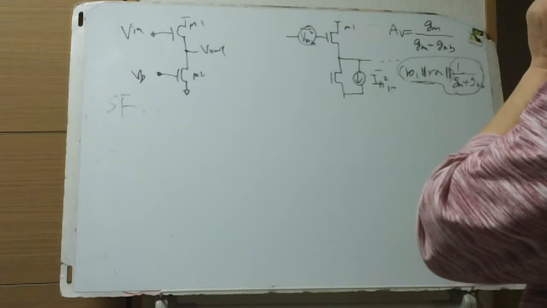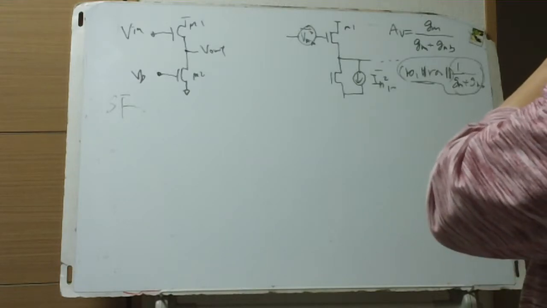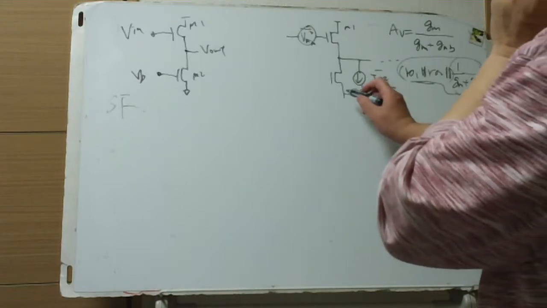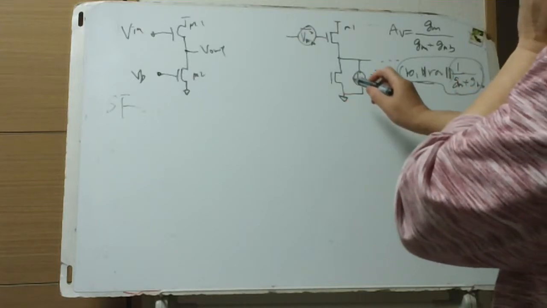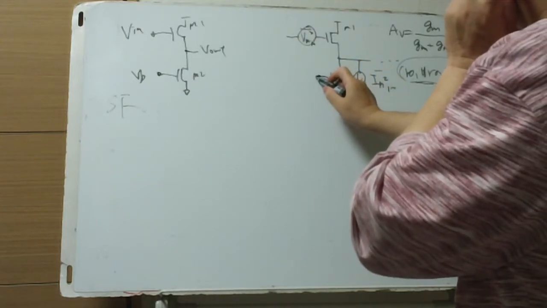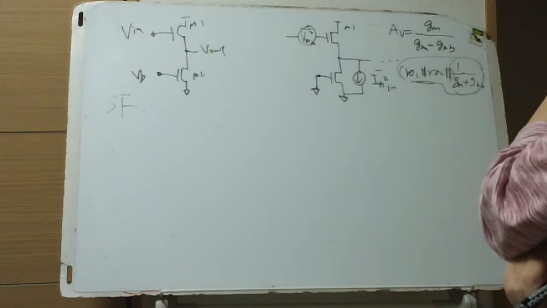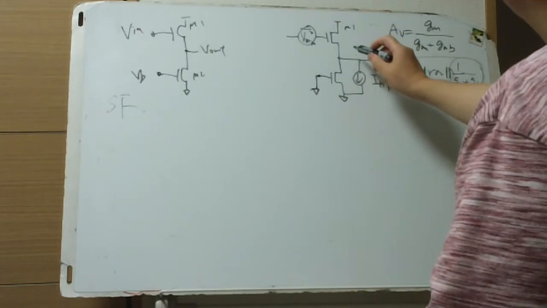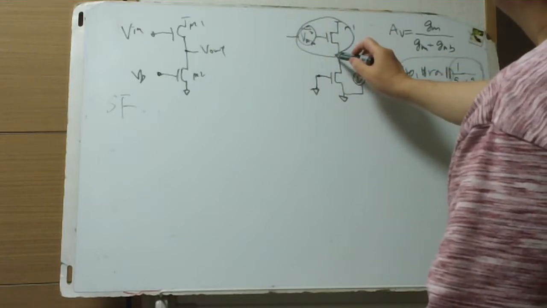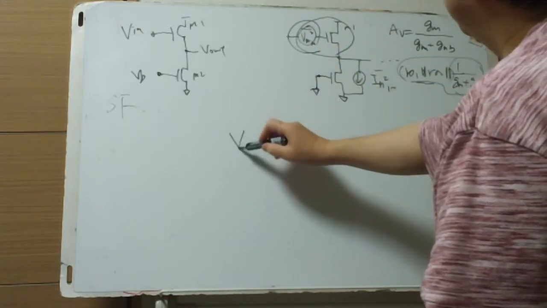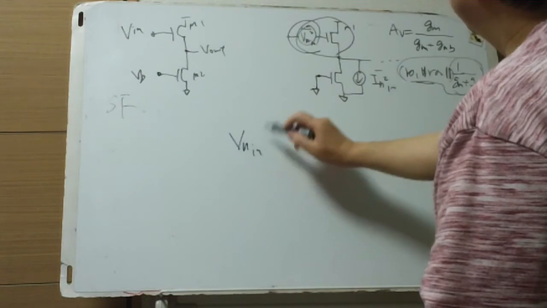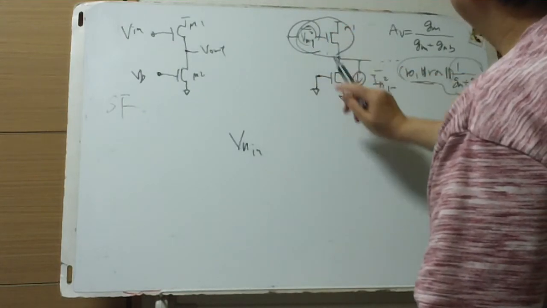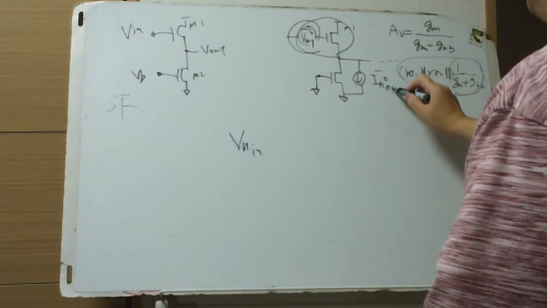The same example, and this is the bias, and from this we have input noise. This is Vn1 and this is In out.